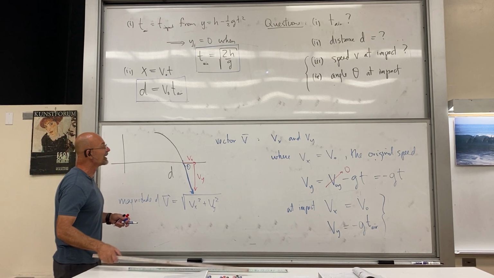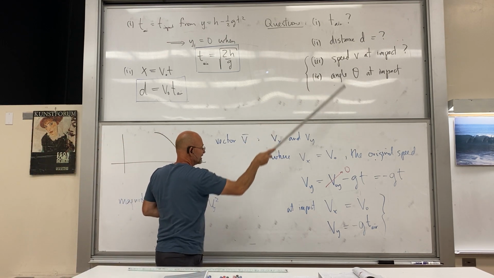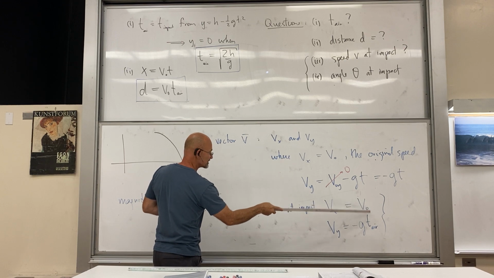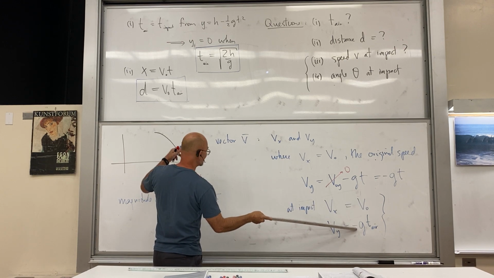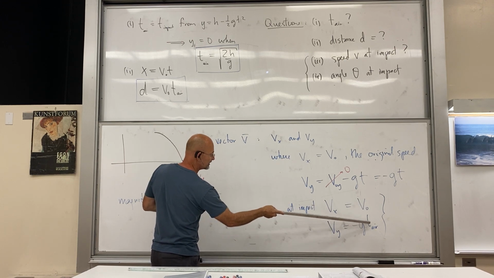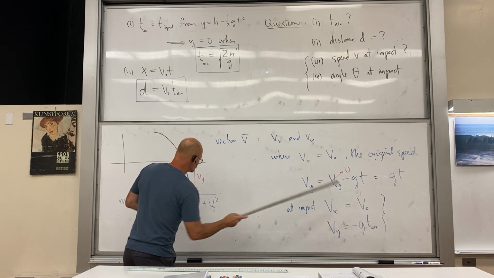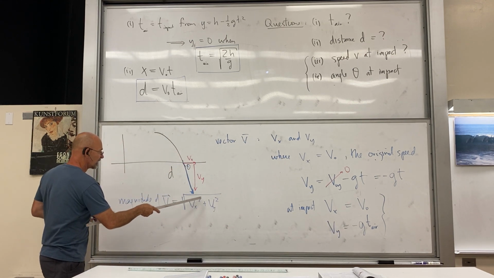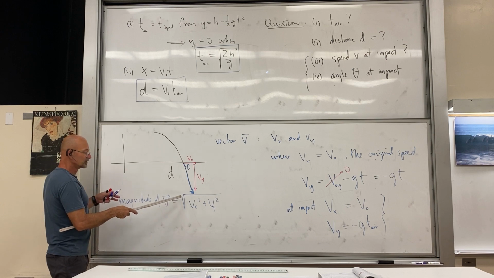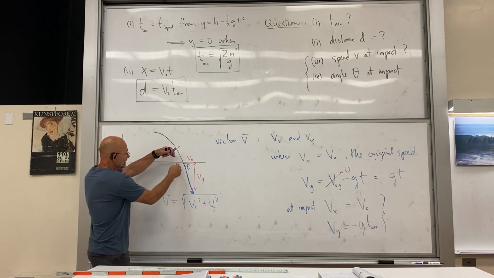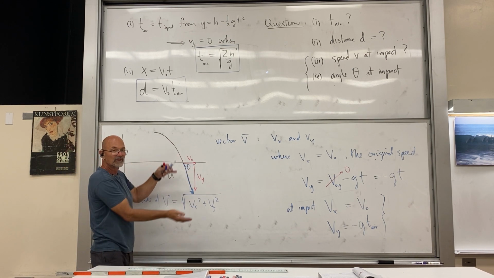For the speed at impact, you take the initial speed and the speed gained in the y direction, g times t air. It's got the minus sign, but it doesn't matter, we're going to square it anyway. That will just be the length, the hypotenuse of this vector with its two components.